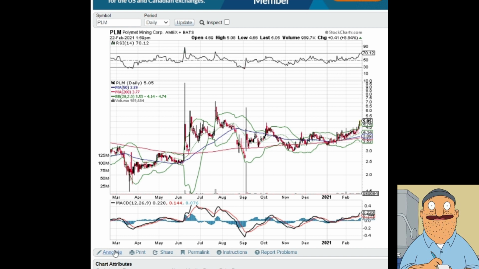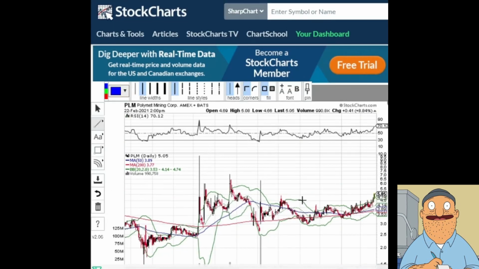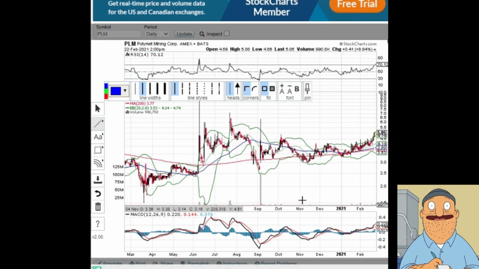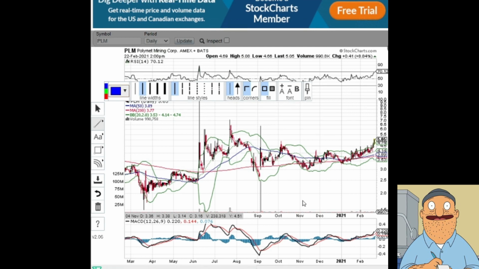And then if we want to annotate it, I can show you how I do that. So basically what we're looking to do when we annotate these charts is we're looking for patterns, looking for bull flags, looking for squeezes, looking for that kind of stuff. So off the bat, it's going to give you just a line. You can determine if you want it red, green, blue.